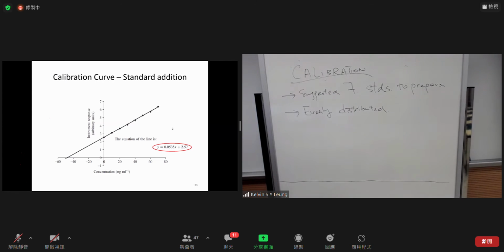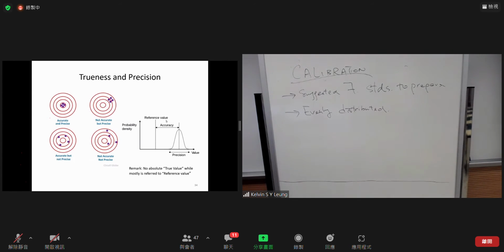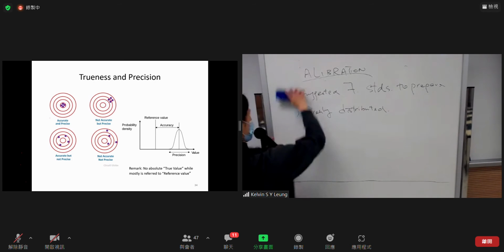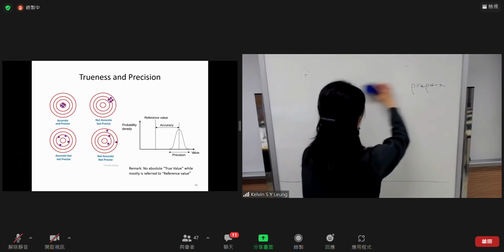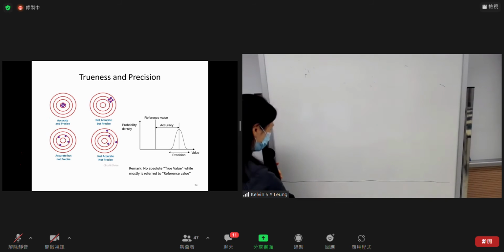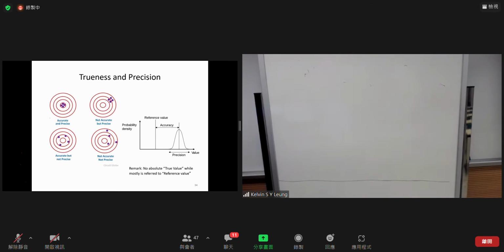Then we will move on to talk about the next one, trueness, that is the accuracy. And the next one will be the precision. So in here, you can see four figures, okay?